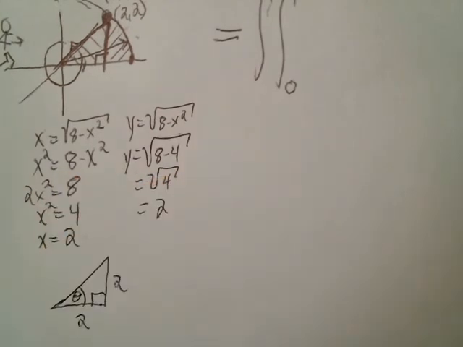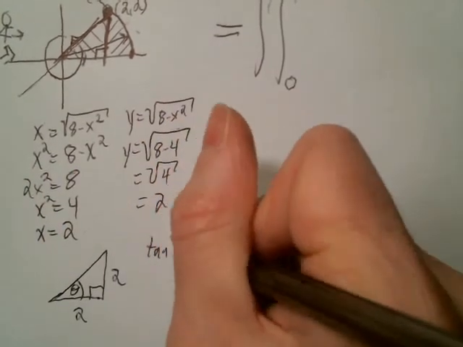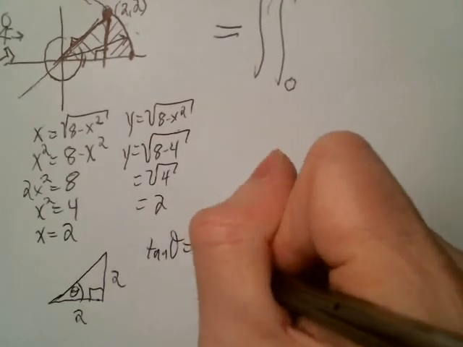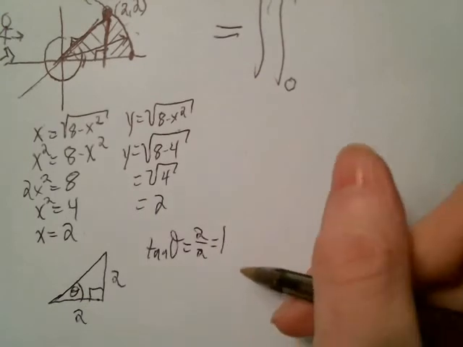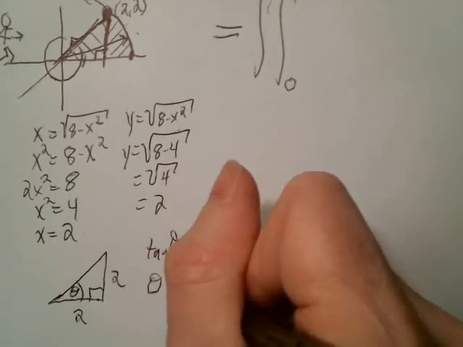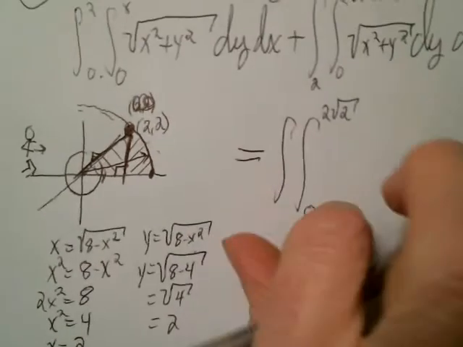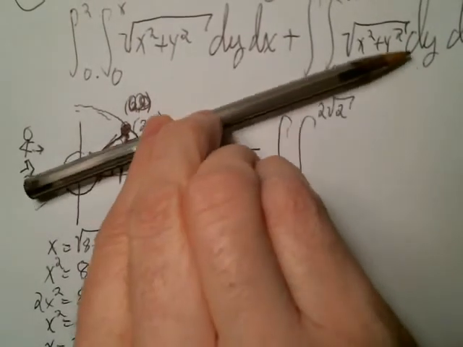Here's the angle theta. So we know tan of theta is the ratio of the legs of a right triangle, or 2 over 2, which is equal to 1. And what angle, when you take the tan of it, equals 1? Well, pi over 4 in the first quadrant. So the running man must be going from 0 to pi over 4.